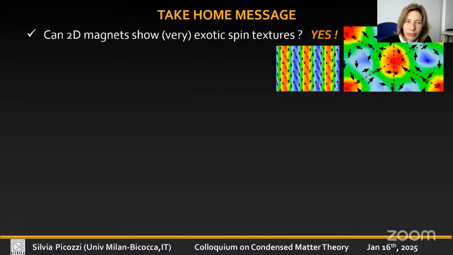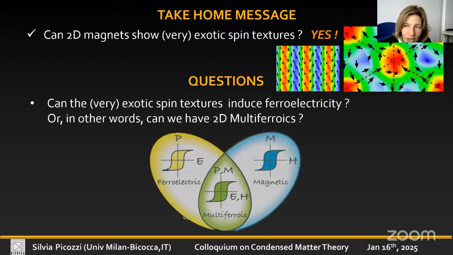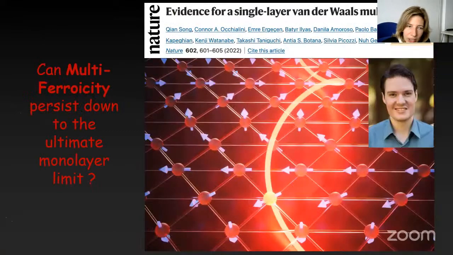Okay, so the answer to the first question is that we can have exotic spin texture. The second question was whether some of these exotic spin textures could actually induce ferroelectricity, much in the same way as was studied in the oxides. With this, we got in touch with the professor at MIT, Riccardo Comin.